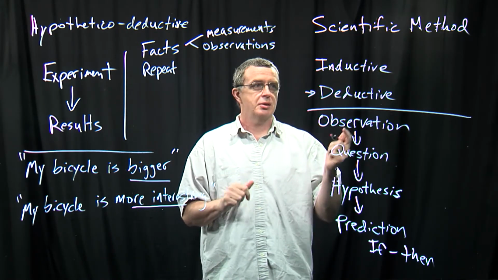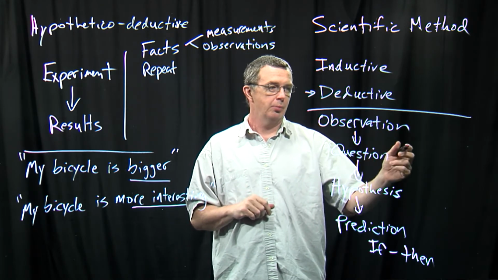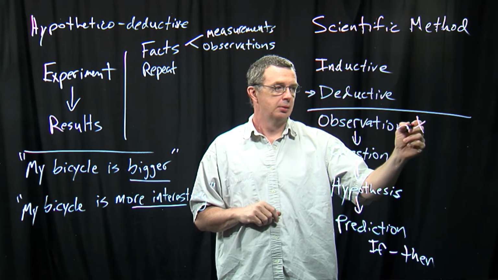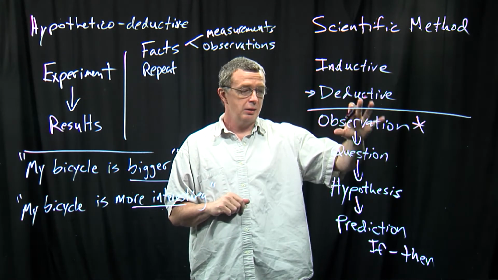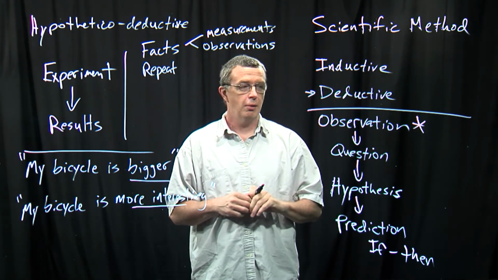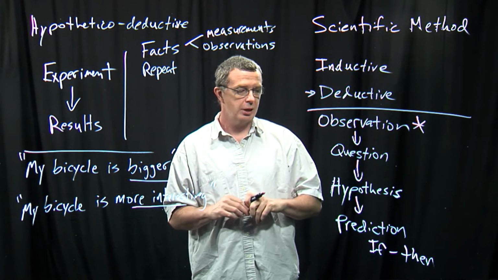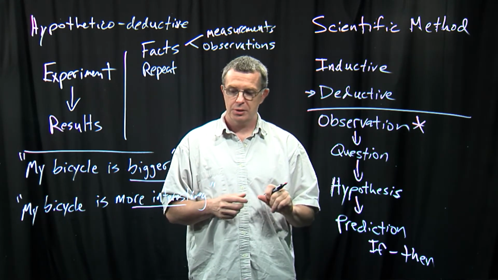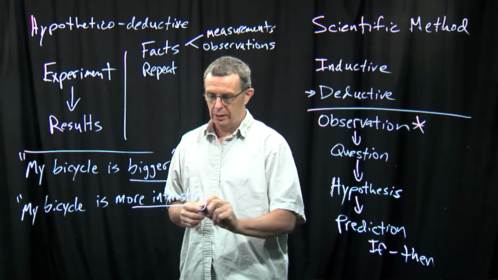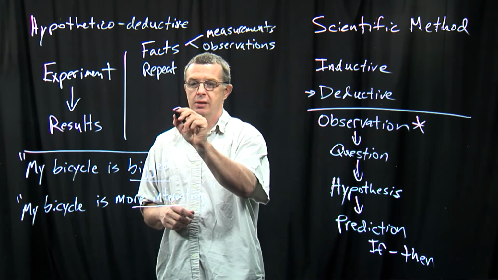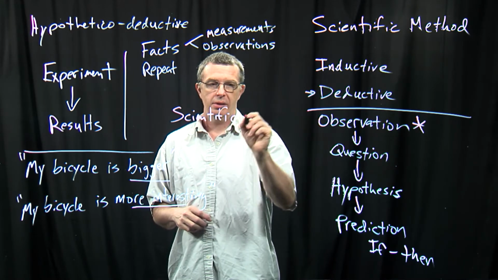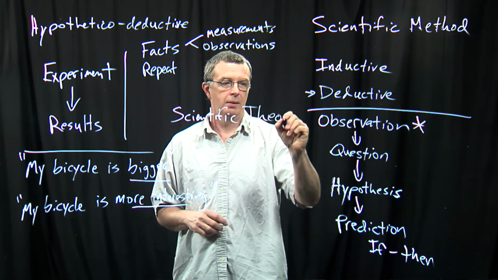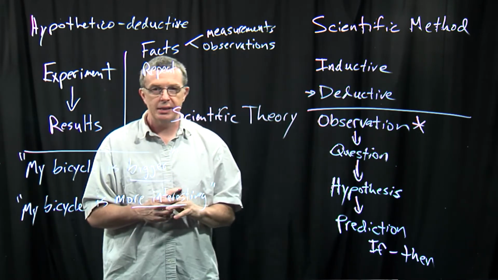Once you've addressed some sort of big problem or big set of observations, then what we can do is approach it using a variety of different observations and ask lots of different questions. You can come up with a scientific theory.